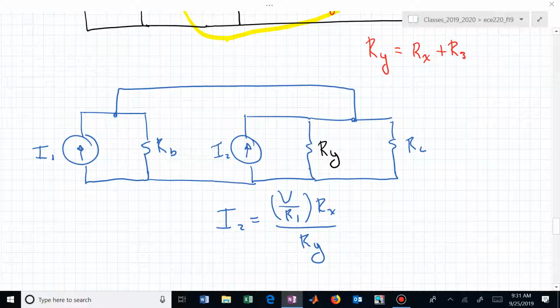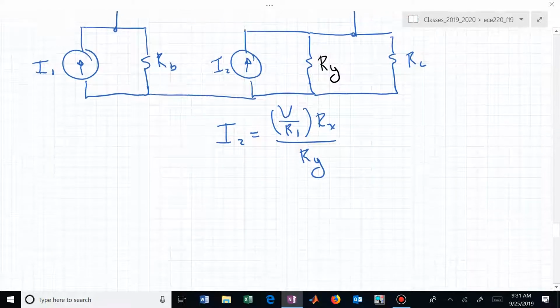And now what do I want to do? Now I have two Nortons in parallel. I should be able to just combine those. I have the two I sources, I1 plus I2, and the resistors just become parallel combinations.